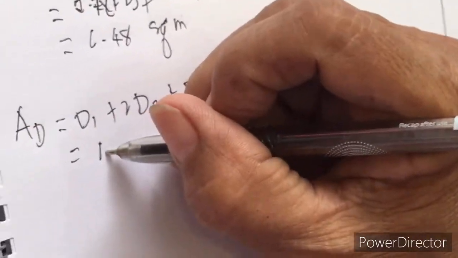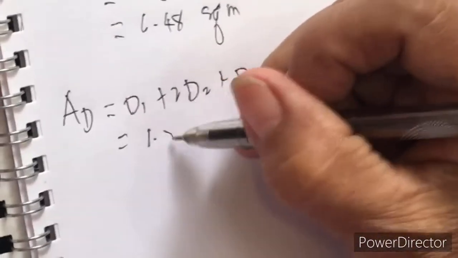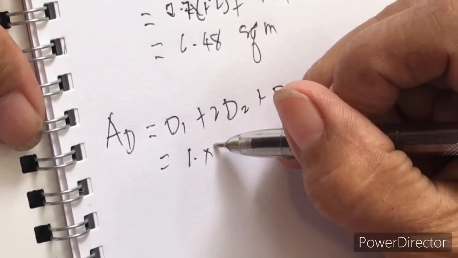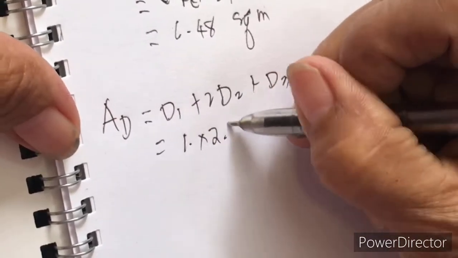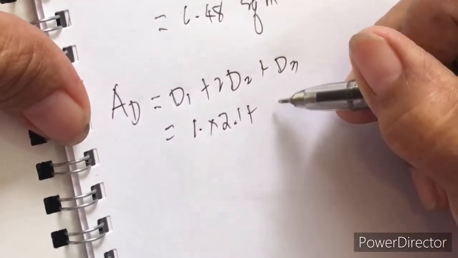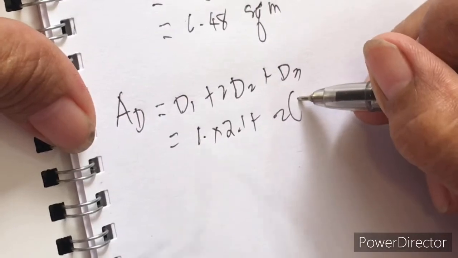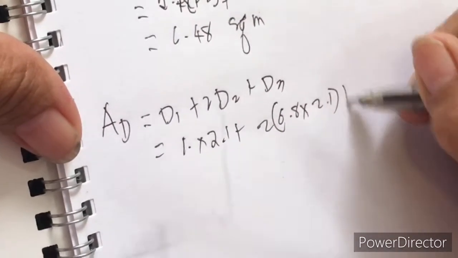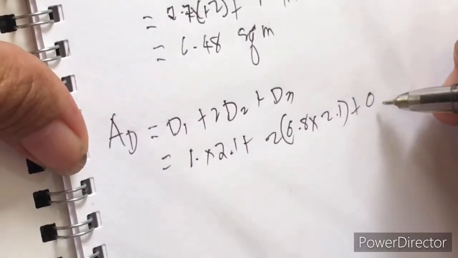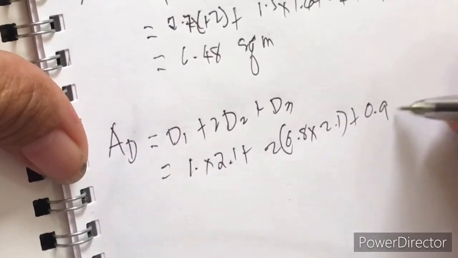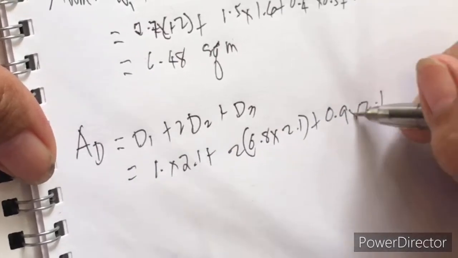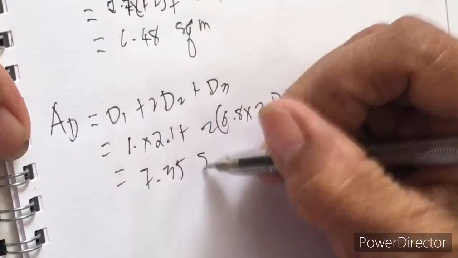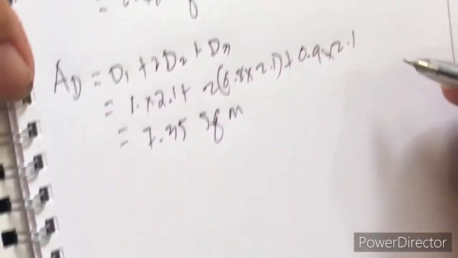Door 1 is 1 times 2.1 standard, plus 2 times 0.8 times 2.1, plus 0.9, the door 3, times 2.1. The answer is 7.35 square meter.